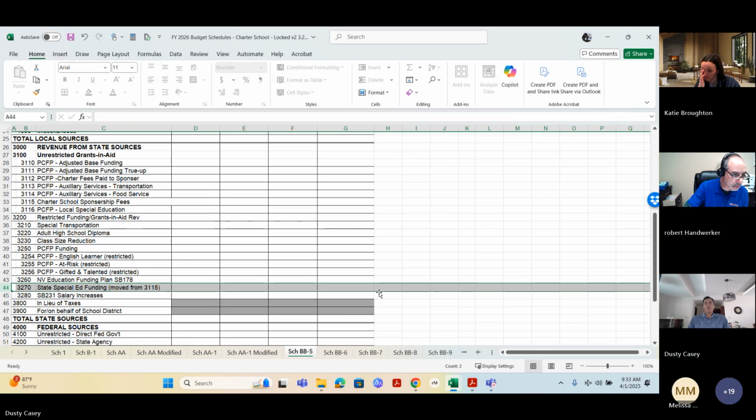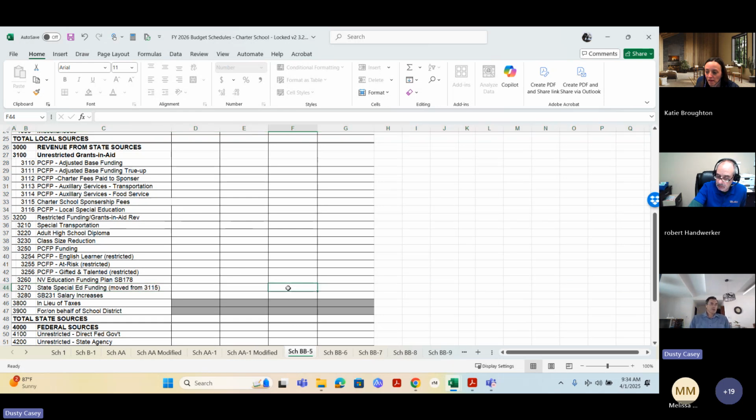Okay. Then yes, that's what it says, because that's a separate appropriation. So that's row 44 on schedule BB5. So again, I would be conservative on that. Even if you had an increase in your October 1 count in 2024 from 2023, think about how you want to look at your revenue there.